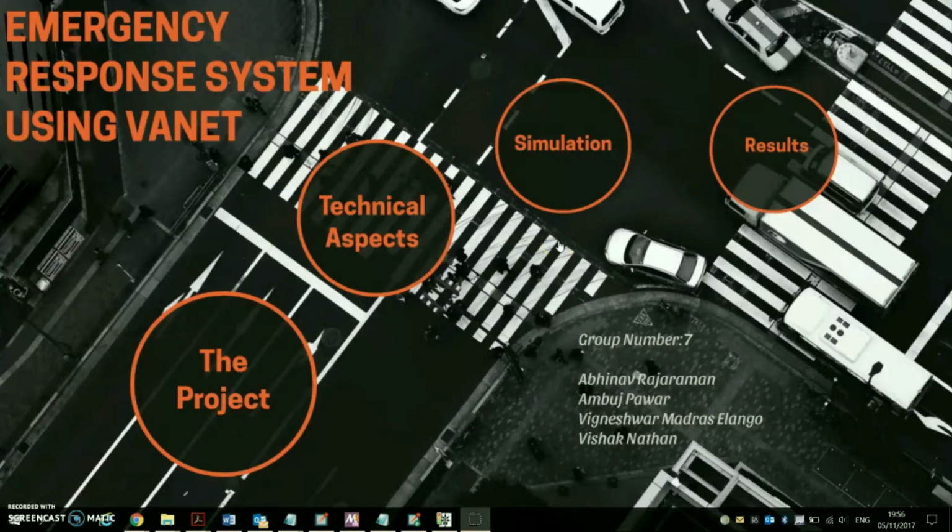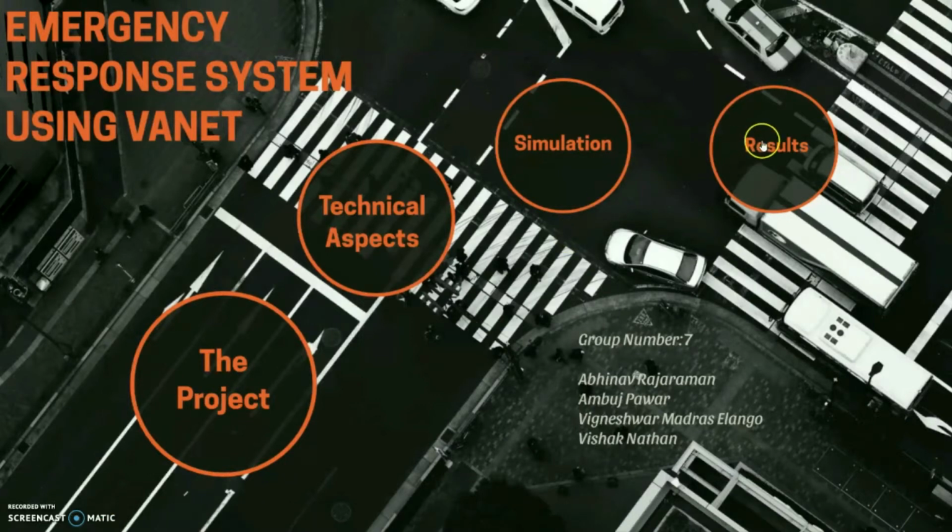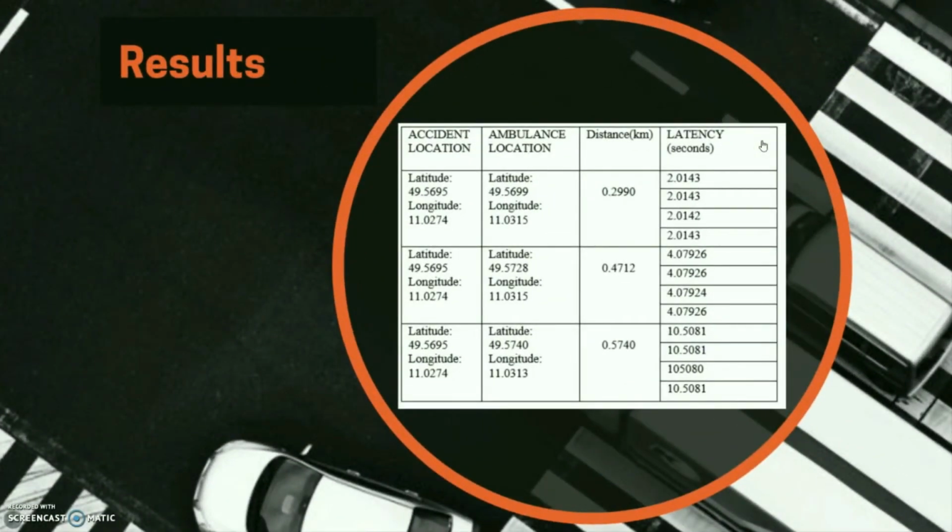Now that we have seen the simulation, we will critically evaluate how our network performs. As mentioned before, the main parameter for our evaluation would be latency, as this application is safety critical.